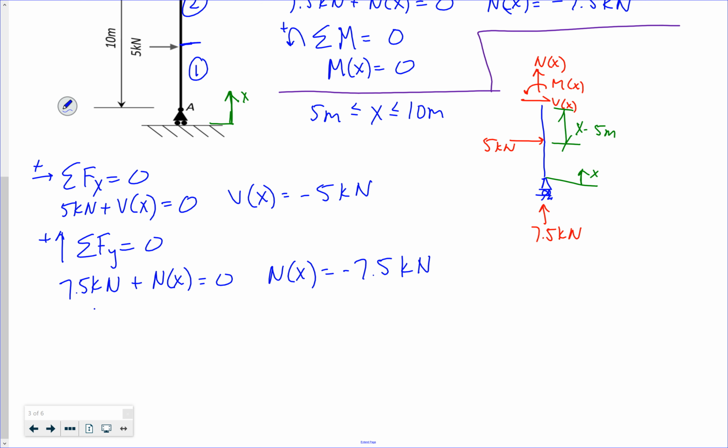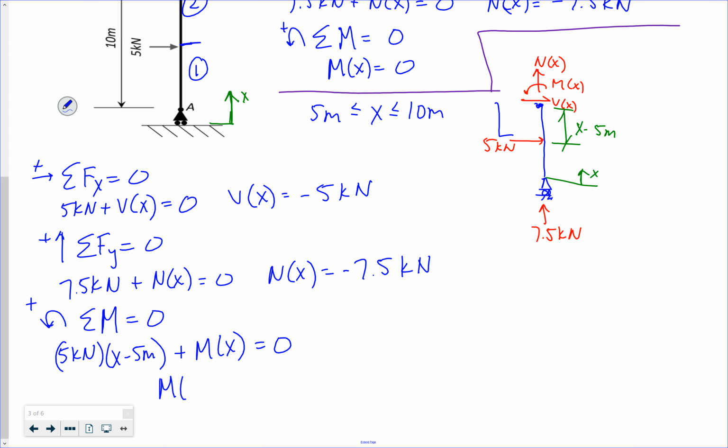If I do the sum of the moments about where I cut my section, I get to ignore my 7.5 vertical reaction, but I have 5 kilonewtons acting counterclockwise, so it's positive, 5 kilonewtons acting at x minus 5 meters. And then I have my moment.